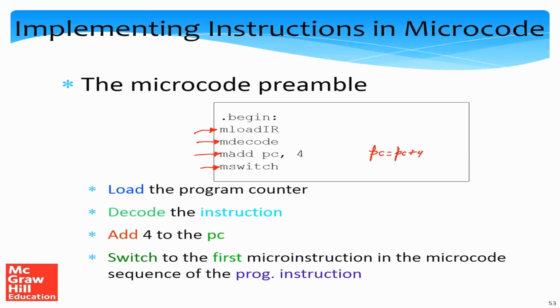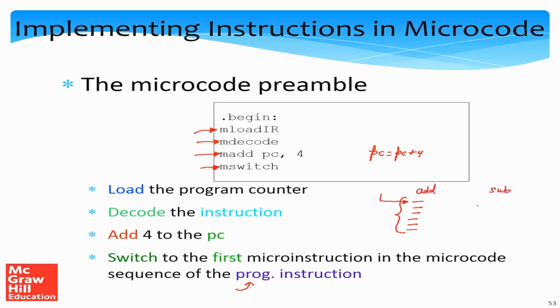So mswitch does many things. What it does is it switches to the first micro instruction in the microcode sequence of the simple RISC instruction. So it does two things. One thing is, given the simple RISC instruction, it first figures out which microprogram it's supposed to execute. Then it also moves the micro PC to the first instruction in that microprogram. For example, add will have a separate microprogram.